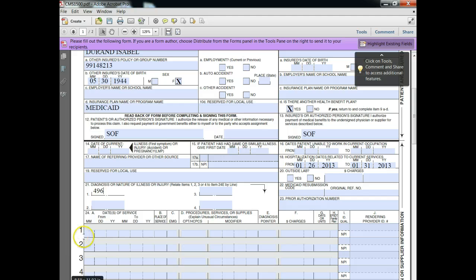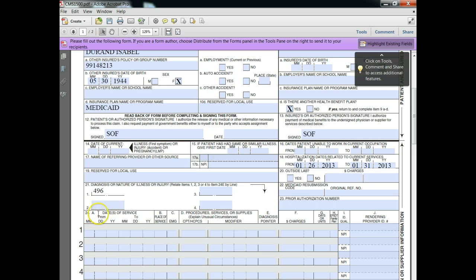Now, what we can do is go down to the block where that diagnosis is going to be used. As you can see, there's an arrow going down, pointer to 24E, and it says, as you look at diagnosis or nature of illness or injury, relate items 1, 2, 3, and 4, and we don't have an item 2, 3, and 4, to column 24E.